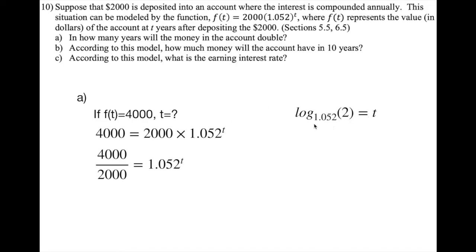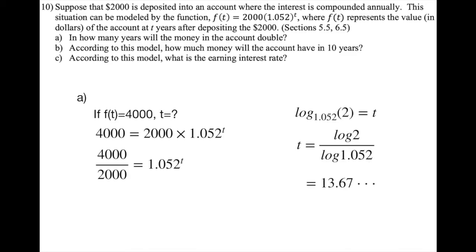So t is the log base 1.052 of 2. Again, we don't really like this base here. We want to change the base to 10. So t will be log base 10 of 2 over log base 10 of 1.052. And from here, you can plug into your calculator to get the answer.